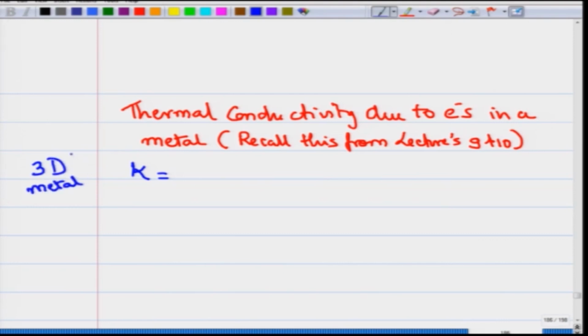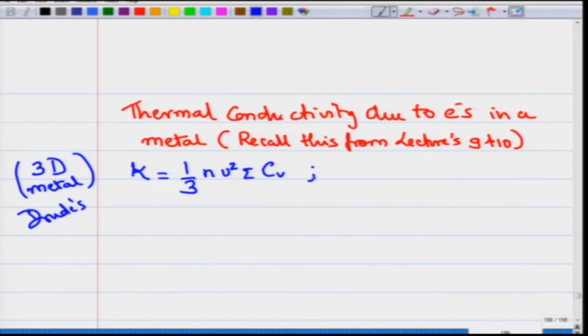with electrons using Drude's assumptions, we had shown was 1 by 3 n v square tau times C v, where n is the density of electrons, v is the mean average velocity, tau is the collision time, and C v is the specific heat per electron.